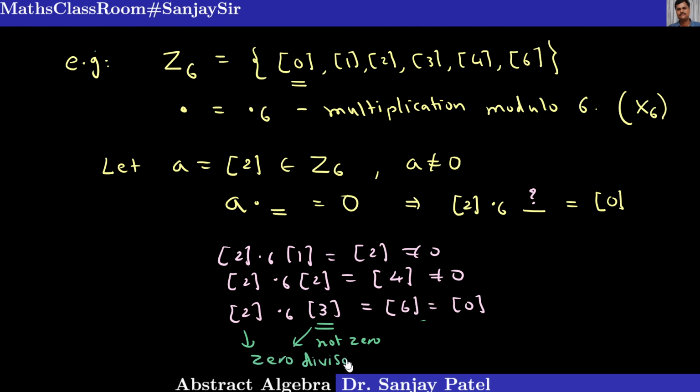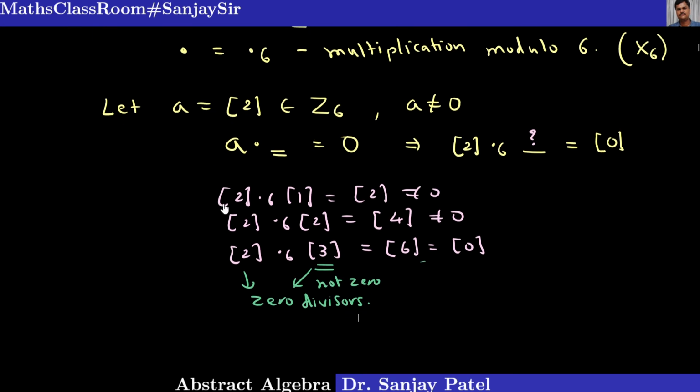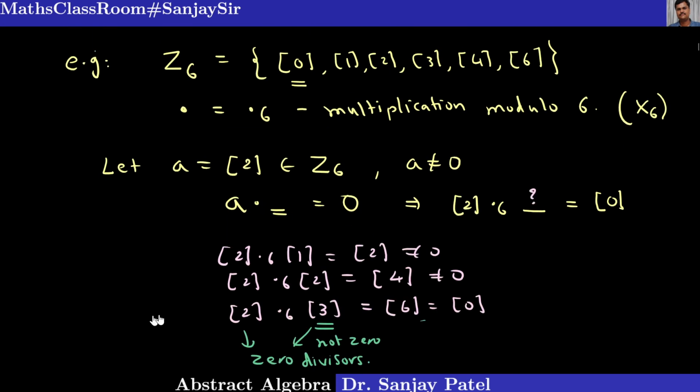In simple language, what you have to do is find a non-zero element A which you multiply with some other non-zero element to give the 0 element. Does it have any other zero divisor? We have seen that 2 and 3 are zero divisors. But can you find some more zero divisors here?